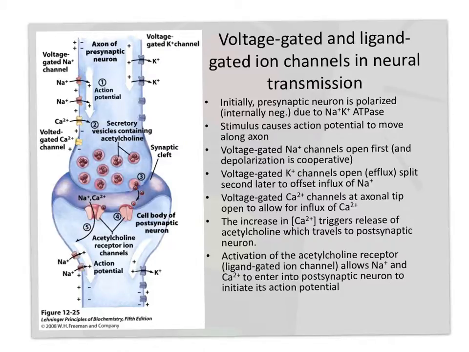Okay. So we have what's called the presynaptic neuron and the postsynaptic neuron, and of course this is the synapse, or synaptic cleft. That's where the signal goes from one neuron to the next neuron.